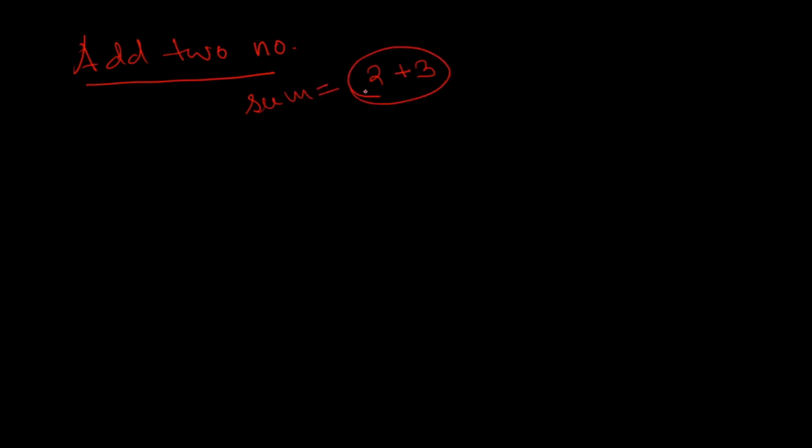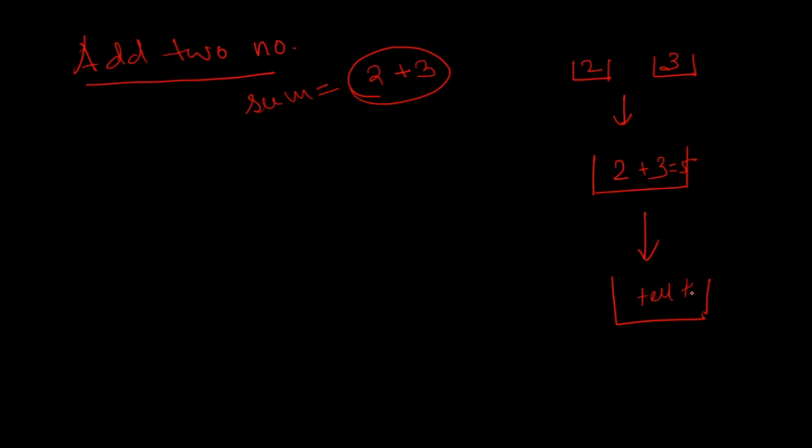So what do you do when someone gives you two numbers? In your head you take two numbers, let's say 2 and 3. After that you add them up. 2 plus 3 is 5, and then you tell the solution, and this way it ends.